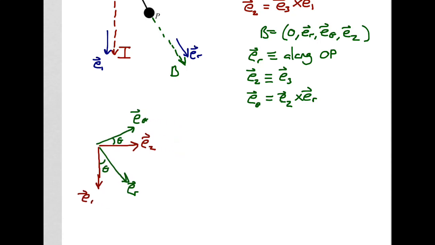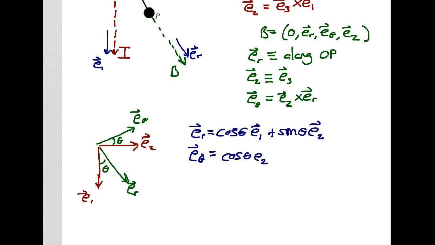And then let's write these unit vectors in terms of each other. So E sub r, defined by E sub 1 and E sub 2, is going to be cosine theta E sub 1 plus sine theta E sub 2, and then E sub theta, defined by the other basis vectors, is cosine theta E sub 2 minus sine theta E sub 1.